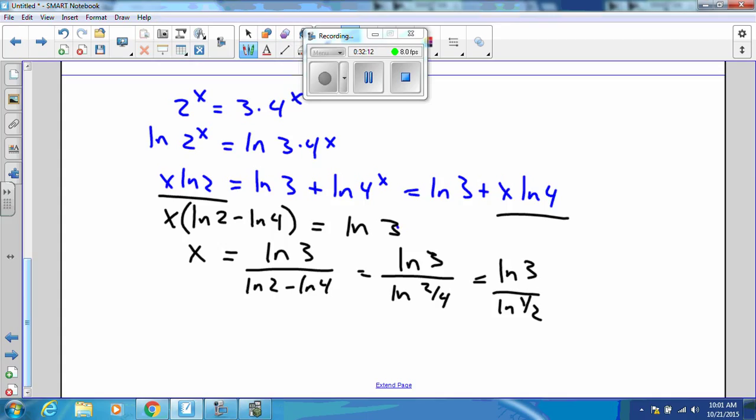Because there is often more than one solution path for exponential equations, there will possibly be more than one form. In fact, I could do this a little bit differently and write this as ln of 1 minus ln of 2, and ln of 1 is 0.